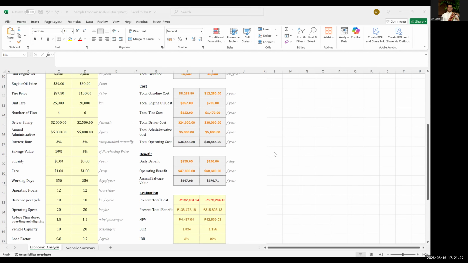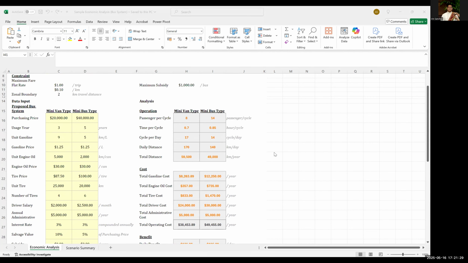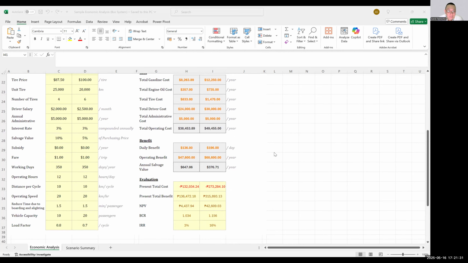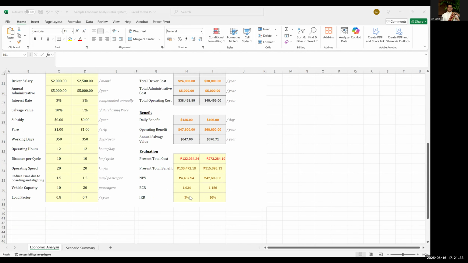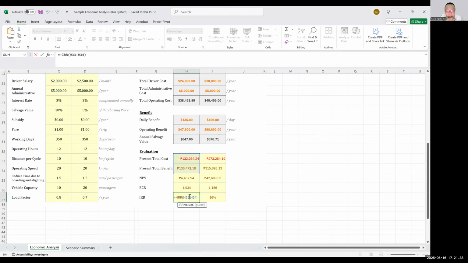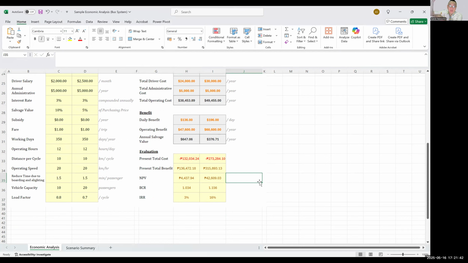I followed what was in the slide, sir. Okay, and then this one I'm not sure of. I think this IRR is probably not really correct in that case, because if you want to calculate the IRR, you need to create a table.